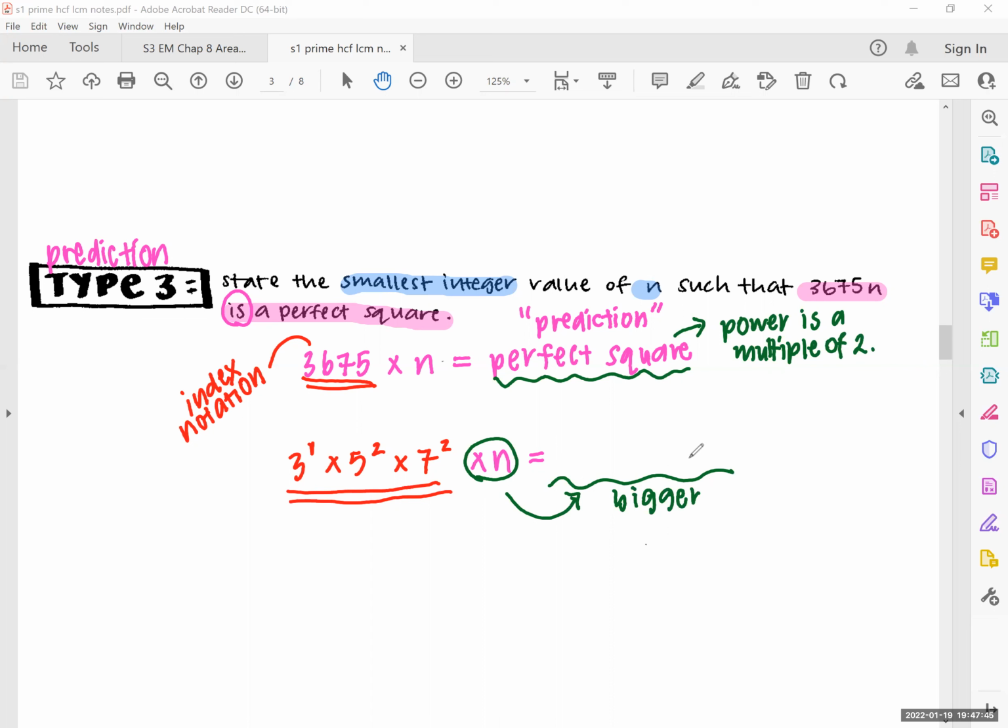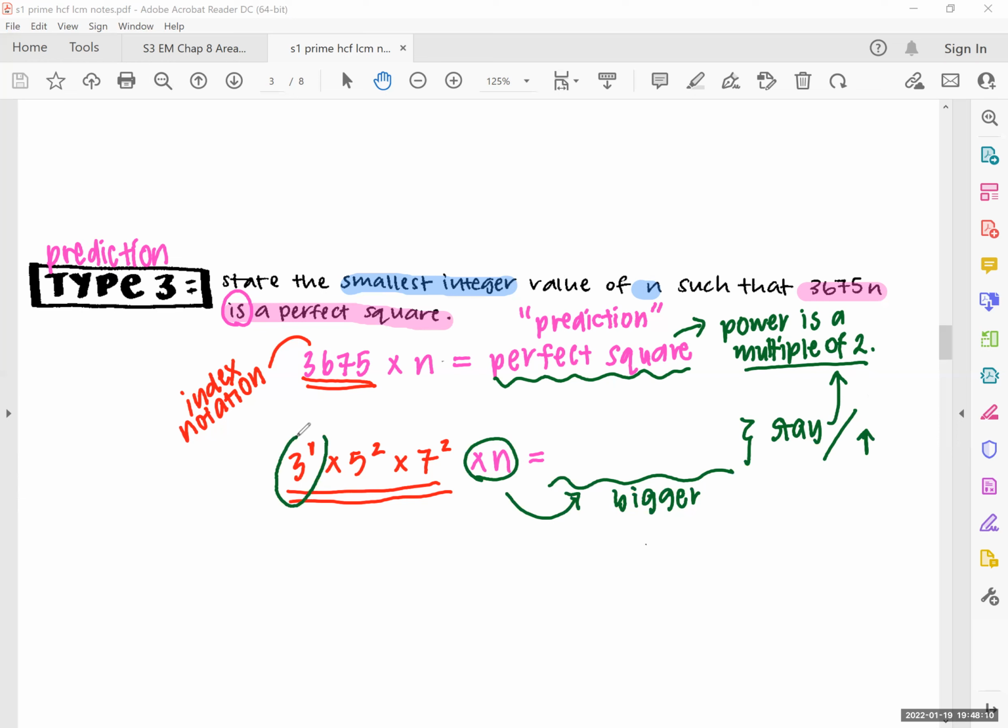So now, there's only 2 things it can do. This prediction part can only either stay, because it meets the condition that it is a multiple of 2, or go up because it needs to get bigger. Clear so far?